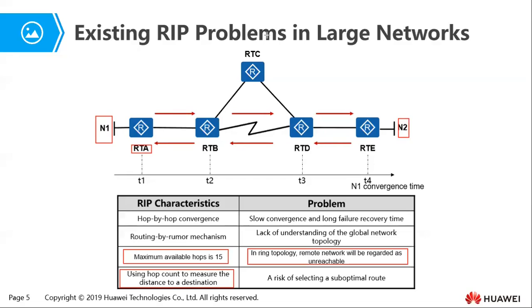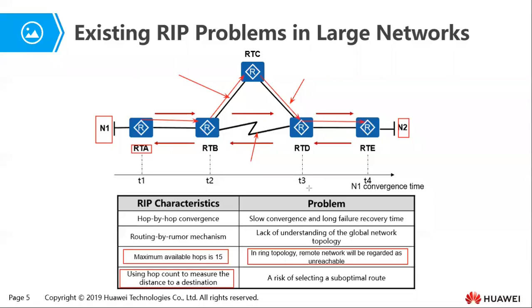Why? Because we can see that the link between RTB and RTD is a serial interface, which is very slow compared to Ethernet interfaces. So generally, if this packet was to be forwarded via RTC, it would arrive faster.